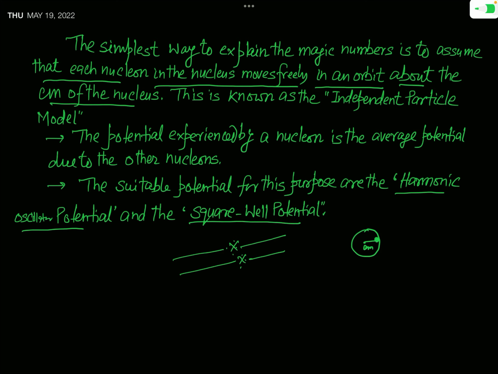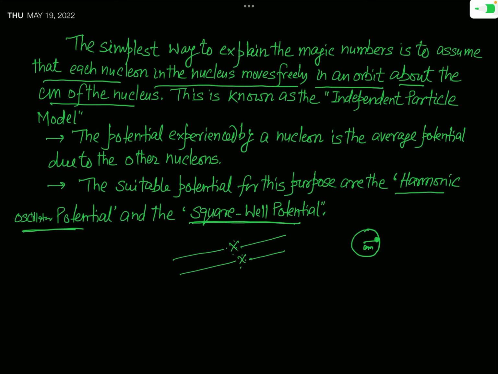And taking these potentials, we will write the Schrodinger equation for the nucleon, and for such a Schrodinger equation written in terms of these simple known potentials, the analytical solution becomes very easy. We can solve it analytically.